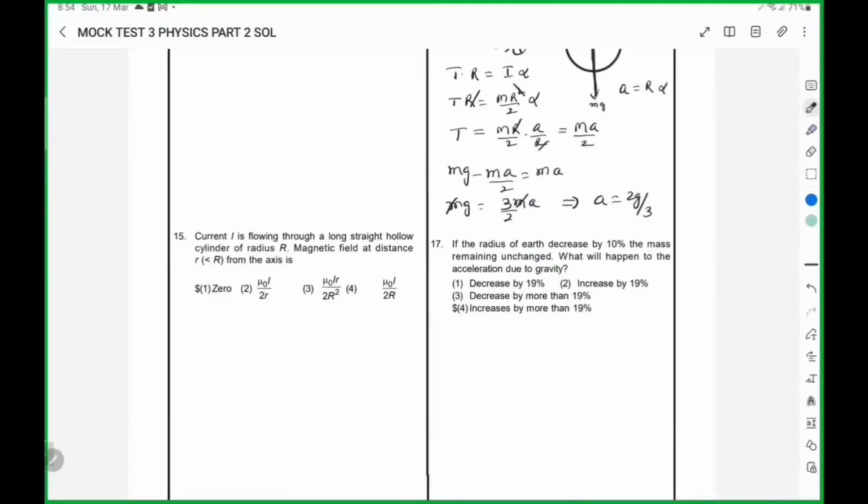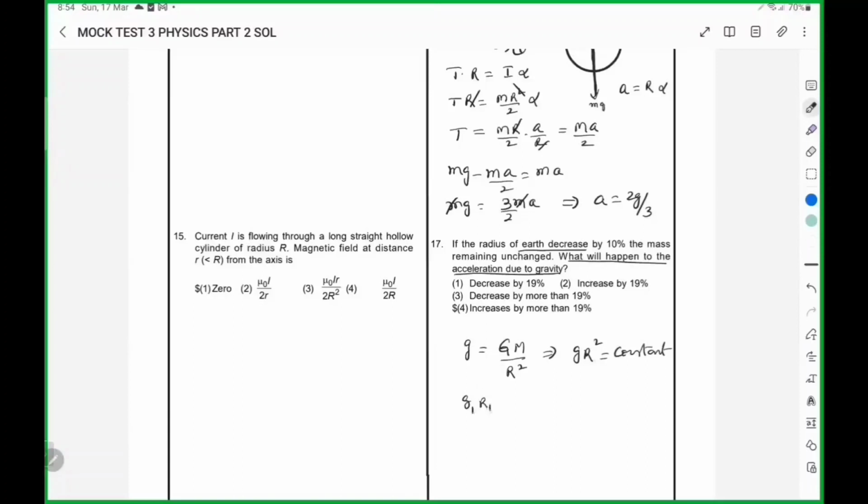Here the radius of the earth is decreased. He is asking the relation between the radius of the earth and what will happen to gravity. g is GM by r squared. Here g r squared is constant, since G is constant and the mass remains unchanged, as given.